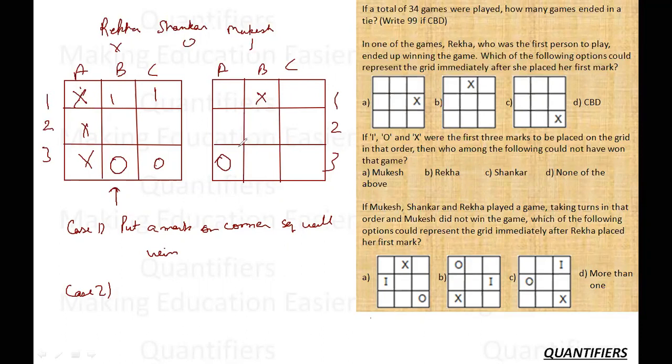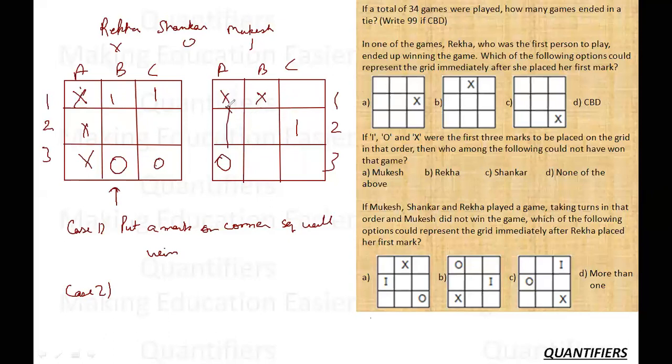So if a person has given a mark here, not here, O will come here. Now O is here, so X cannot come here, and not here. Now X will come here. Nowhere else to go. Okay. Now O's turn.